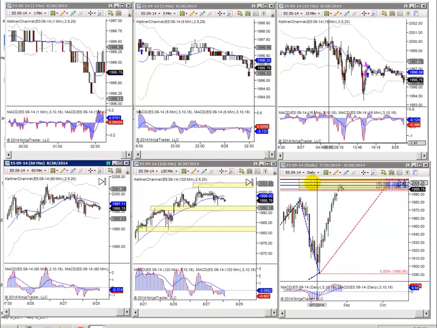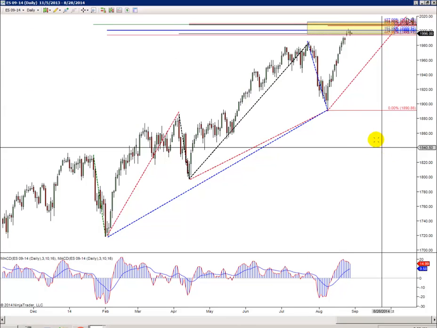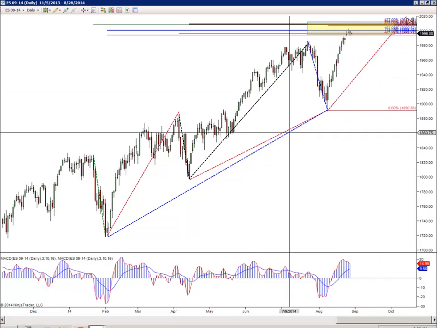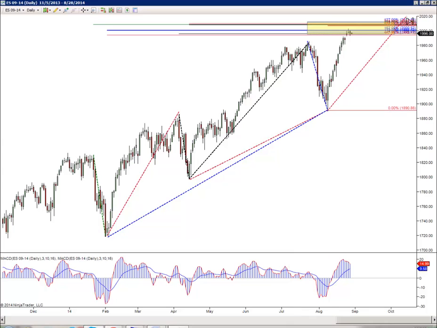Okay, let's take a look at the S&P EMini futures. Let's take a look at what we have above the market and below the market. So what I did was, in this particular instance here, I've taken all these swing highs and swing lows and drawn out my ratios.